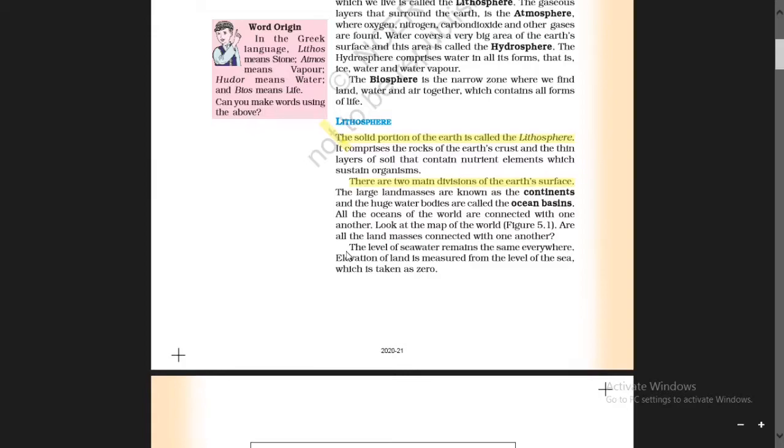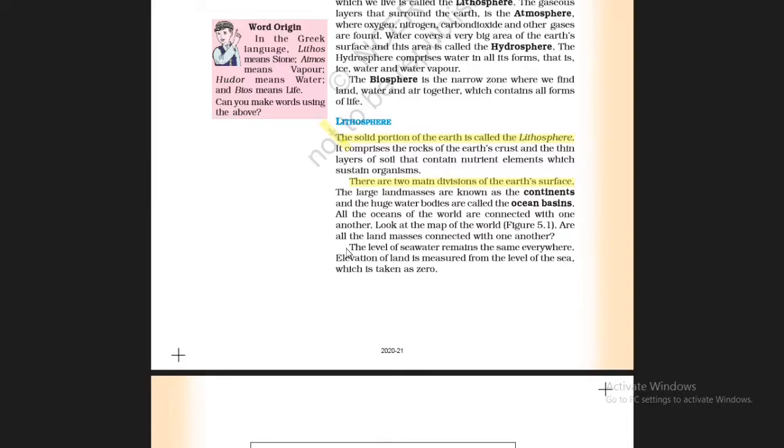But you must remember here, all the oceans of the world are connected with one another. So the decrease or increase of water in the oceans remains the same. If water in any one ocean decreases, at the same time the other oceans' water also decreases, and if any one ocean's water increases, at the same time you will find an increase.